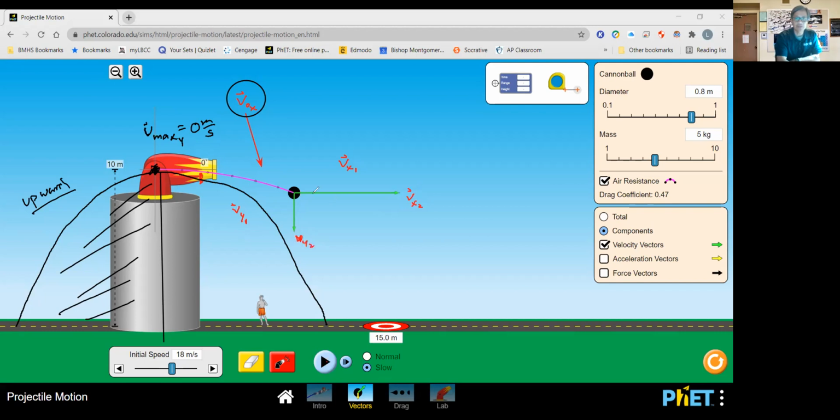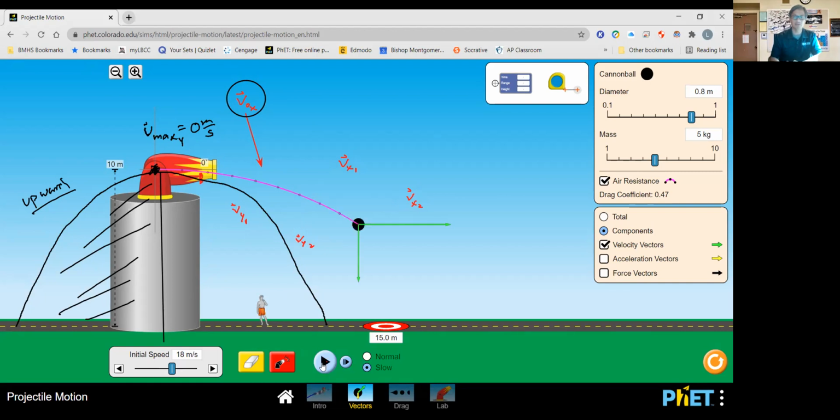You're going to notice that x still stays the same, but the velocity along the y gets larger and larger, bigger and bigger, as we progress downward. Let's unpause it and see it at another position.